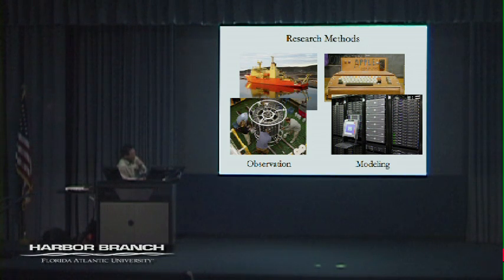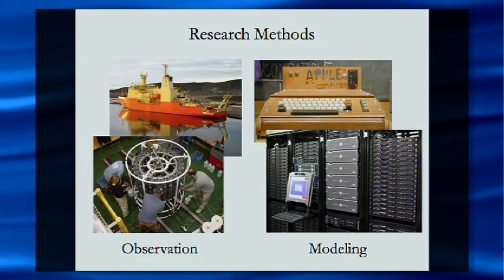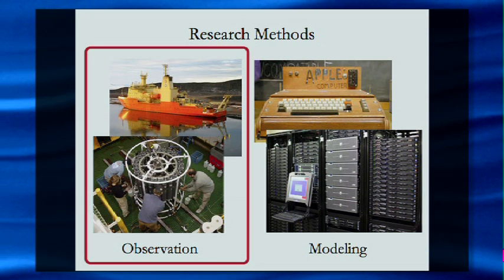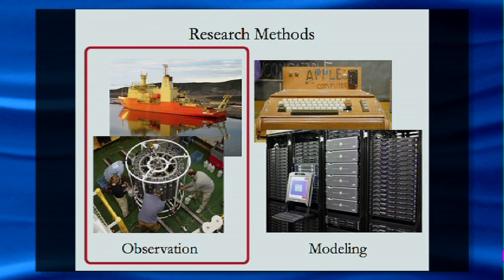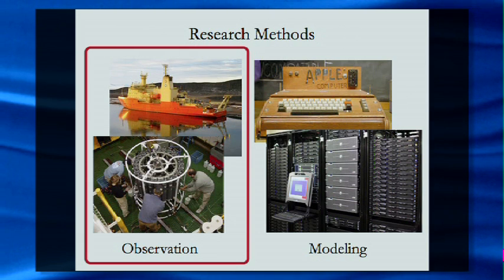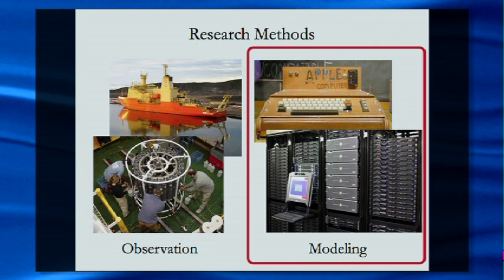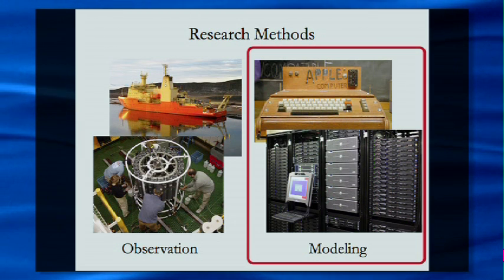All right, so when we do research, we try to find out what kind of best method to use. In this case, I'm talking about two methods. One, you recognize, is called observation. You take a ship out, you bring some simple instrument or very complicated instrument with you, and then you can do all kinds of measurements. And the second way is called modeling. Okay, you have a computer.